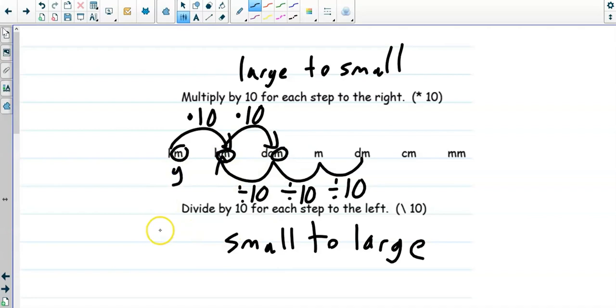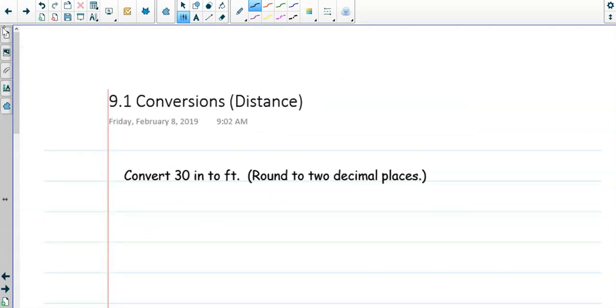So here is our first conversion. And up at the top, you can see where these are going to come from. Because in 9.1, 9.2, and 9.3, they split it up: 9.1 is all about converting distances, 9.2 is all about area conversions and volume conversions, and 9.3 is all about weight conversions.